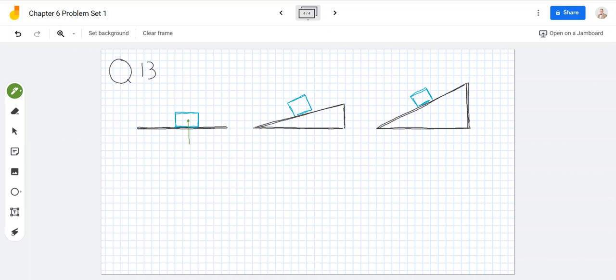In all 3 of the cases, the Earth pulls it down, straight down. Call that the mg. That's the weight, and that doesn't change. But in these 2, we're going to change our axes so that we're thinking about an axis along the ramp instead of along the ground. So we're going to break this up into its component parts this way.